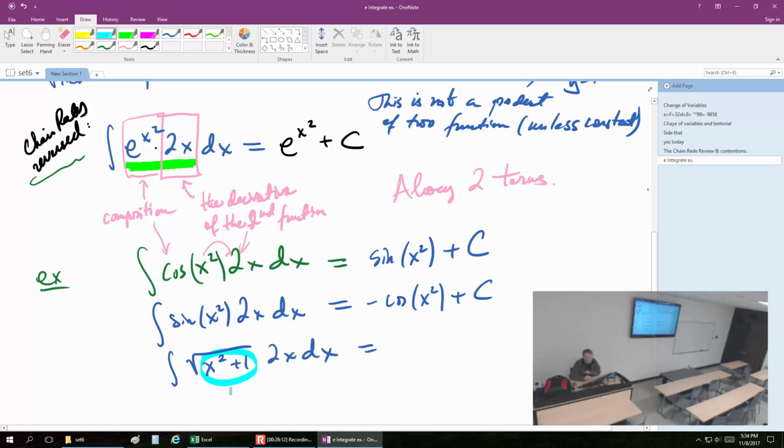So x squared plus 1 is our variable, say y or u, as it is frequently called, and then this is du/dx. So my u is x squared plus 1, du/dx is 2x. Okay, so just like in the chain rule, once again, two parts, the composition with the square root here, and the derivative of u is right there as the second term. So it should work once again. So what do we get?